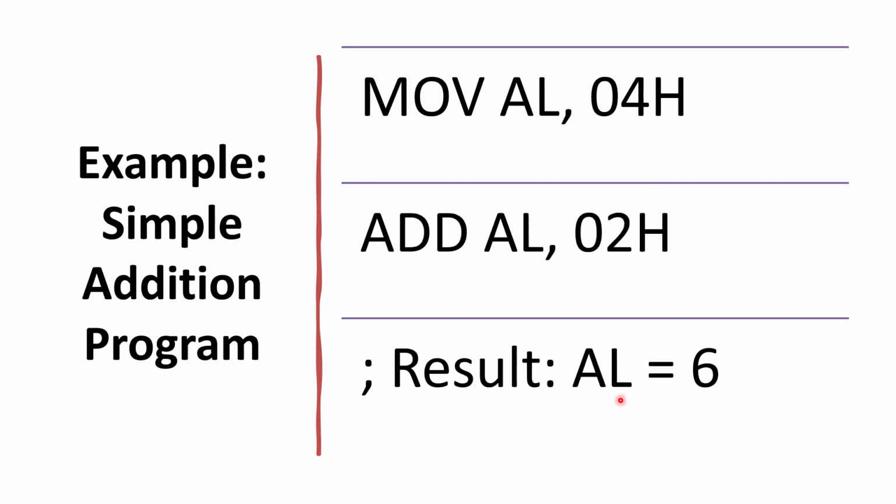The example shows how we use the move instruction to load the data and the add instruction to perform arithmetic operations directly on the register. It is a basic yet powerful demonstration of how assembly language interacts with the processor at a very low level.